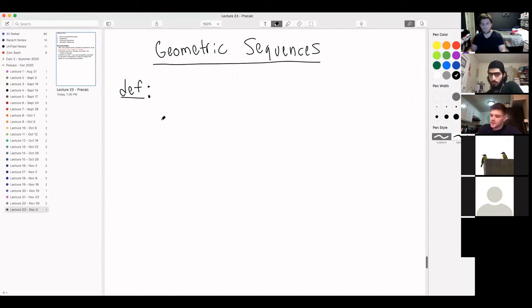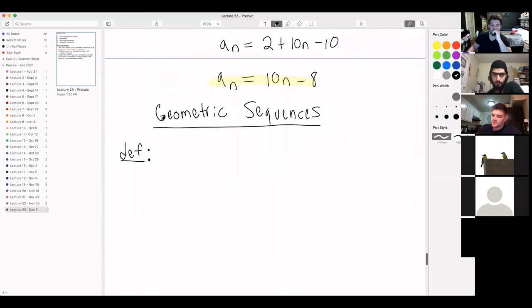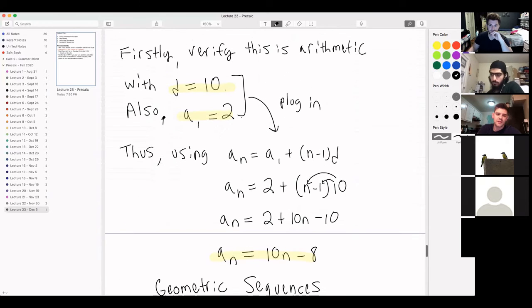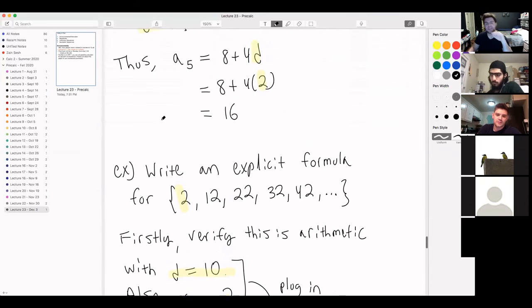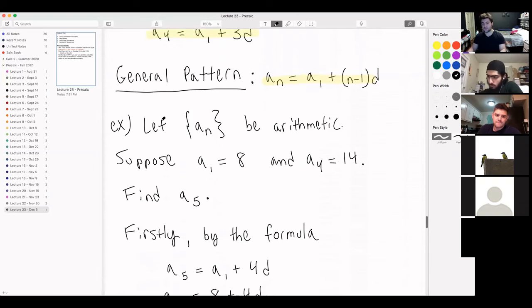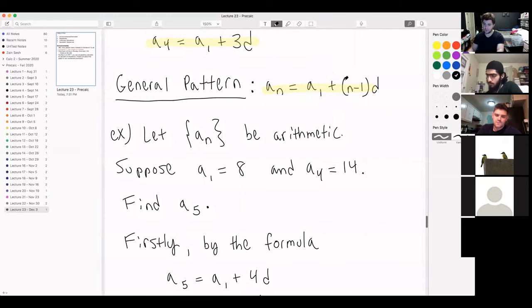Just real quick, for every arithmetic sequence, it's always going to be a sub n equals a1 plus n minus 1 times d every time, right? Yes, meaning that the nth term is given by this formula. So if I want the 500th term of an arithmetic sequence, I plug in n equals 500 into this formula.